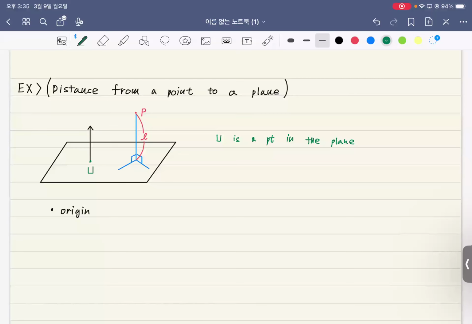Then I can draw a triangle from this point, where one side is from U to P, and the other side from U to the foot of the perpendicular. Finally, I define the angle between this normal line and this line to be theta.